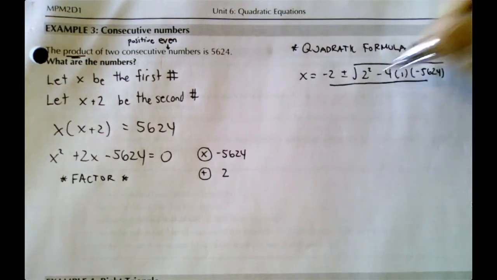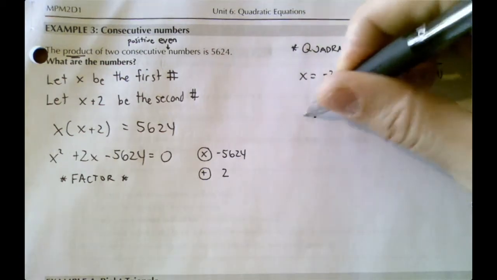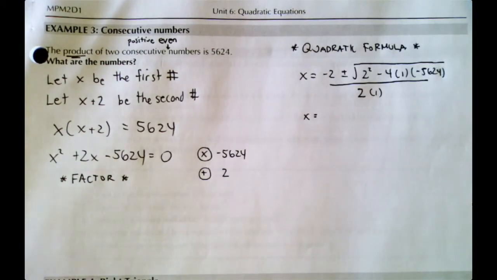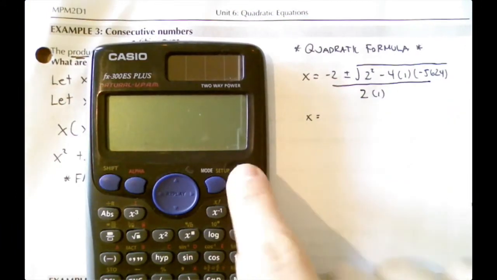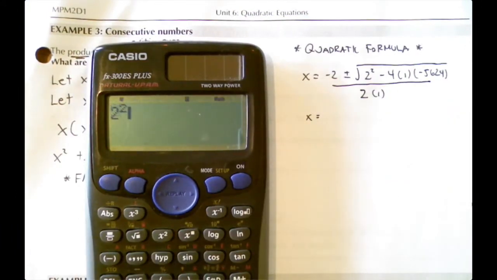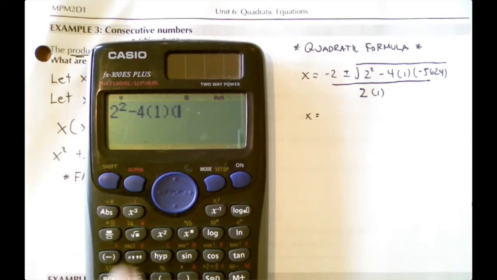All divided by 2 times a, which is 1. So, we've got to figure out that discriminant first. 2 squared minus 4 times 1 times negative 5,624.